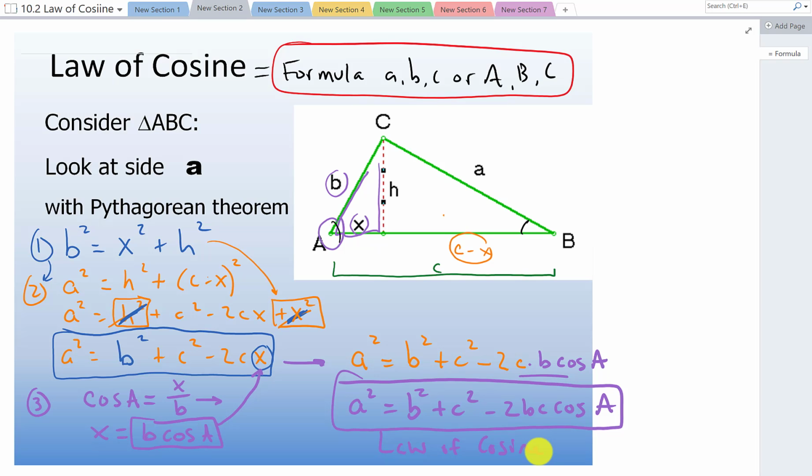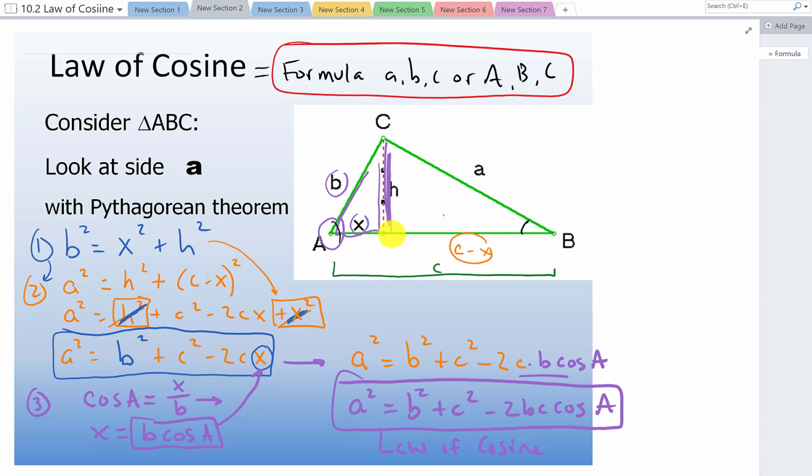Now, the law of cosine, the way I solved it here, I just kind of focused with H going down in this direction. But I could have put H in other directions, and it would have given me a parallel version of the law of cosine.